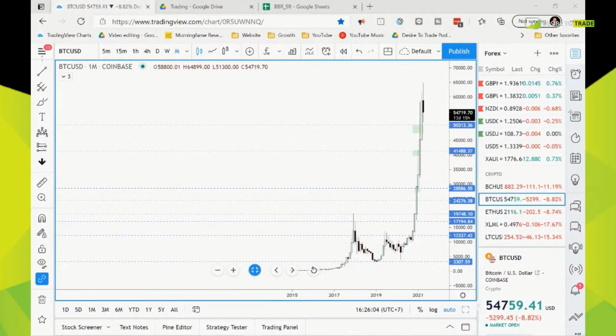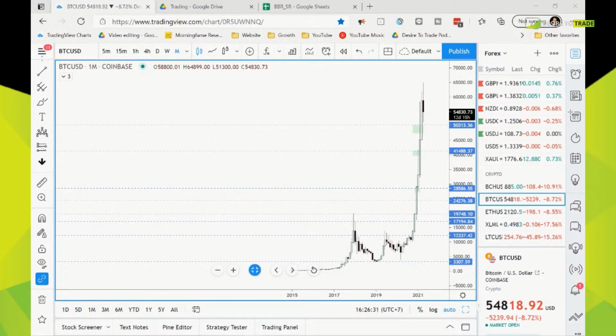So predictions in this market, especially now, don't really matter much. Of course, you could say it's going to go up because it's been up for a long time, but that's not what I focus on when I decide to take a trade or get in the market. I don't look at my opinions. I look at my data and my edge and what's been proven to be right in the past. That's the main thing I look at, not predictions.